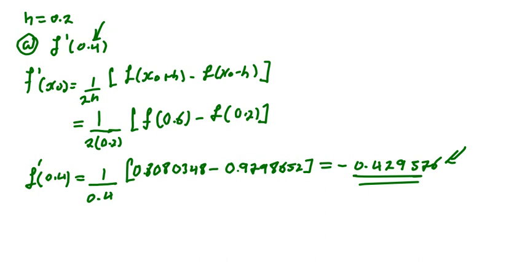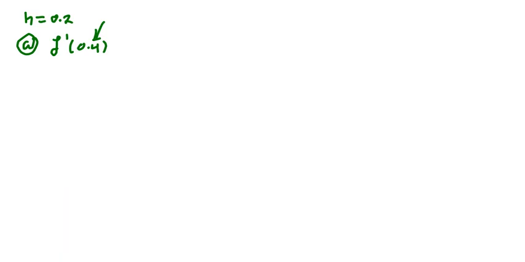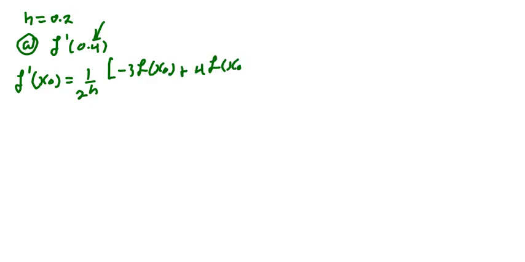And how do we illustrate that formula? Everything else remains the same. For the 3 point endpoint formula, you're going to have your f prime of x naught is simply 1 over 2h, and you have minus 3 f of x naught, plus 4 f of x naught plus h, minus f of x naught plus 2h, like that.